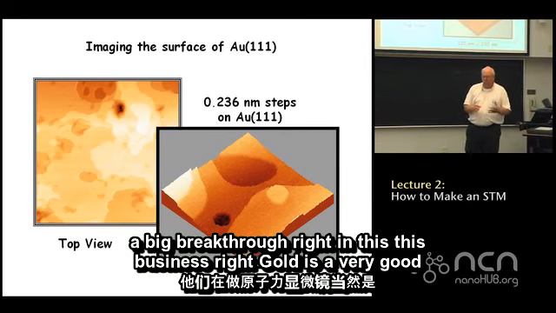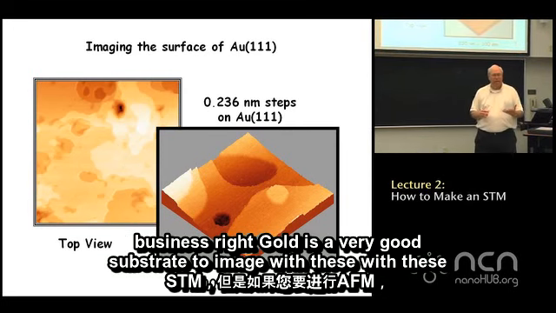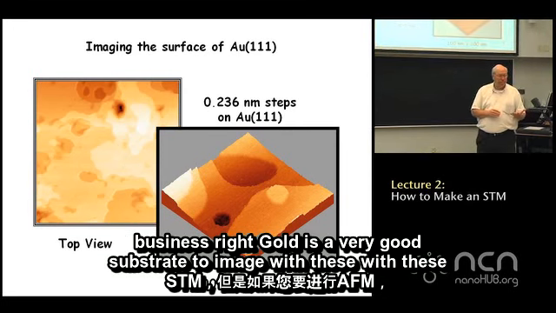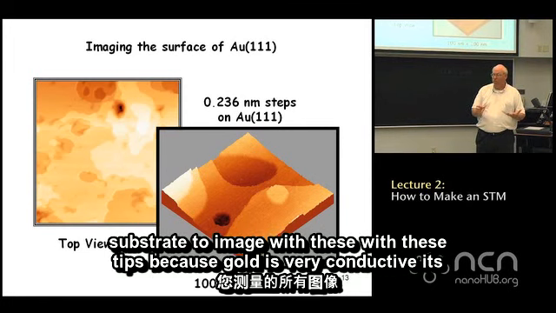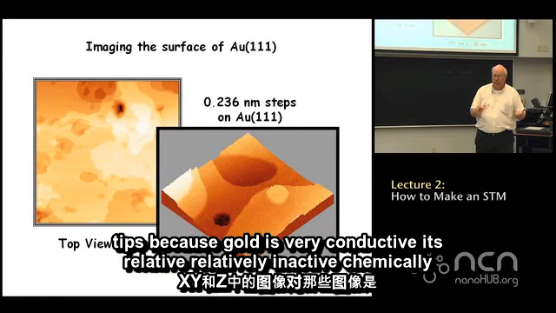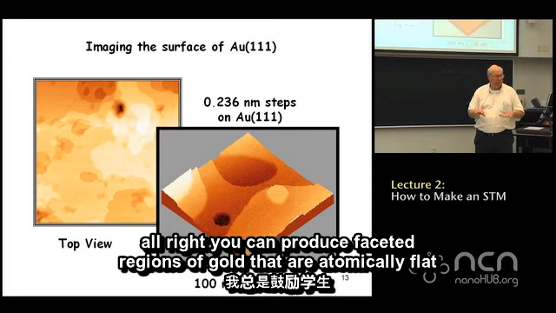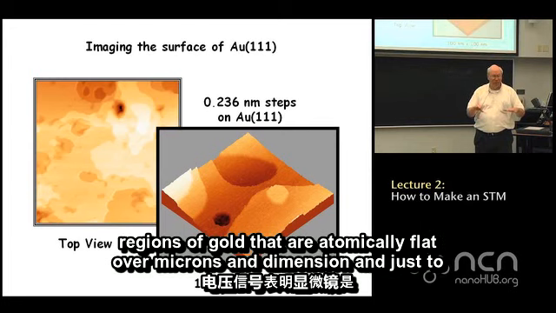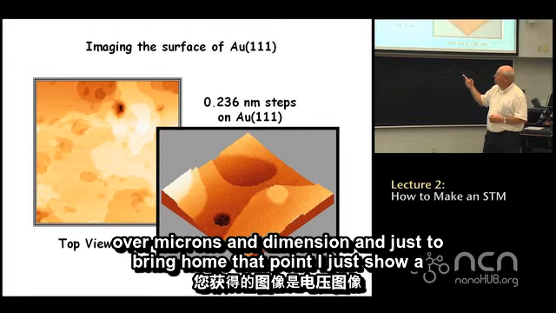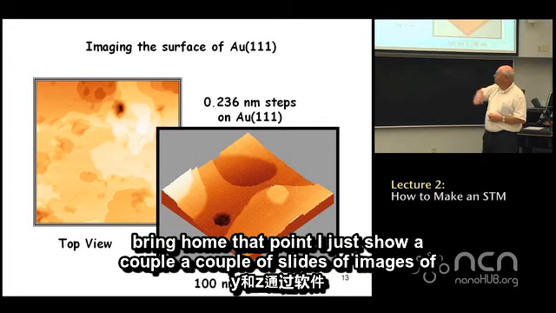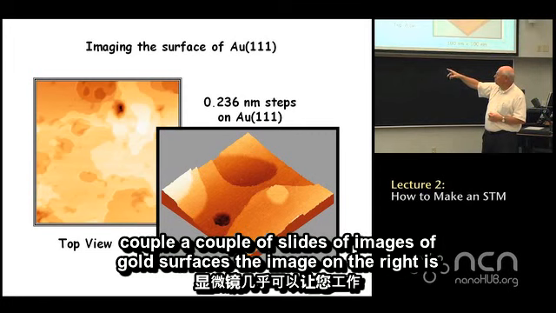Gold is a very good substrate to image with these tips because gold is very conductive. It's relatively inactive chemically, right? You can produce faceted regions of gold that are atomically flat over microns in dimension. And just to bring home that point, I'll show a couple of slides of images of gold surfaces.